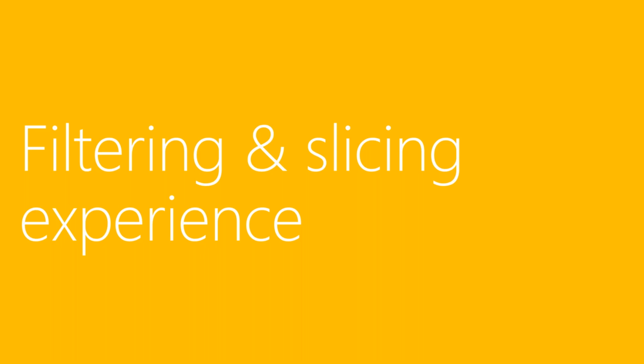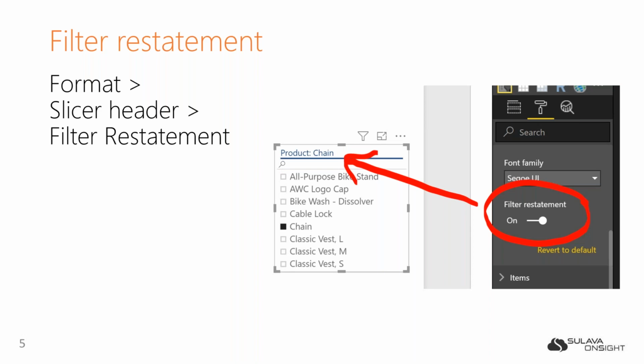Well, first, I suggest that all of us should open each of our Power BI files and check that we have remembered to choose the filter restatement, so that the users, when they are using our reports and making selections from the slicers, can also see what the selection is.